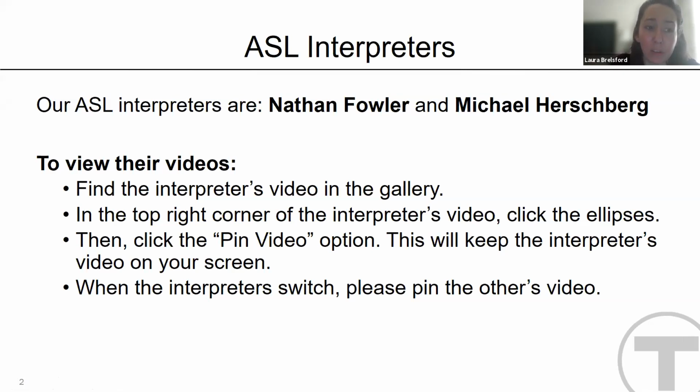This should be the default setting, but you can change this if you'd like by clicking the button that says gallery mode or view in the top right of your screen. Gallery mode shows all the presenters on the screen together, and this ensures that you can see the interpreter as well as the speaker. If a presenter is sharing slides, your view will change.